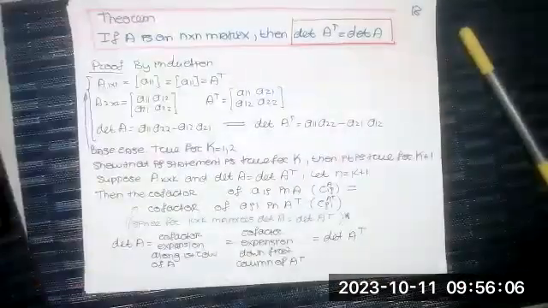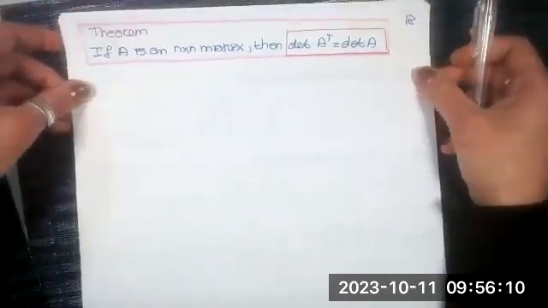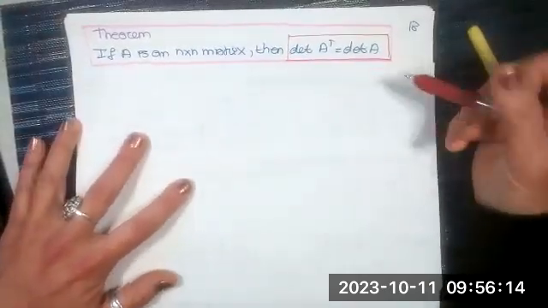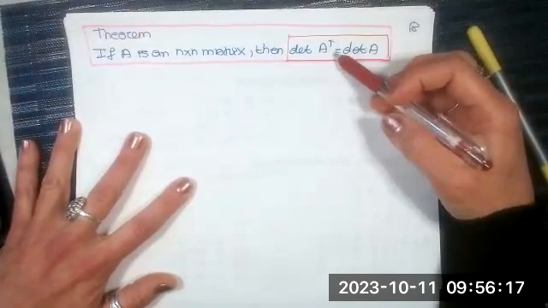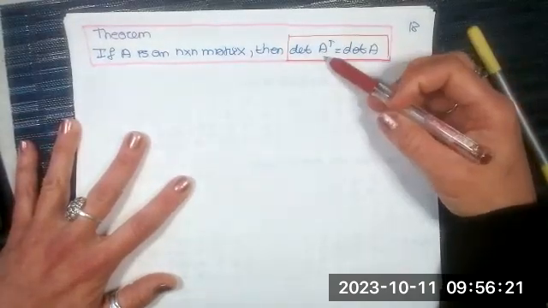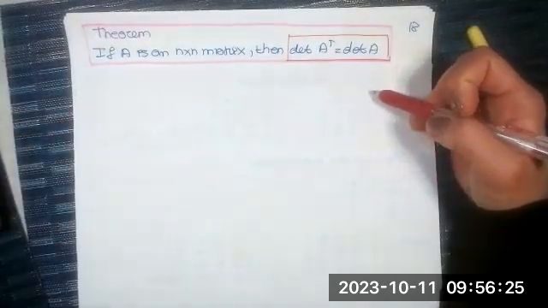All right, so let's do another theorem here. From theorems in previous chapters, we know that if A transpose is invertible, then the matrix A is invertible, and if A is invertible, then A transpose is invertible. So they're simultaneously invertible or simultaneously singular.